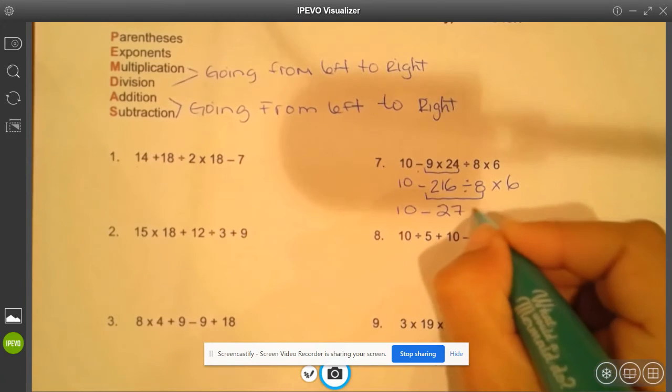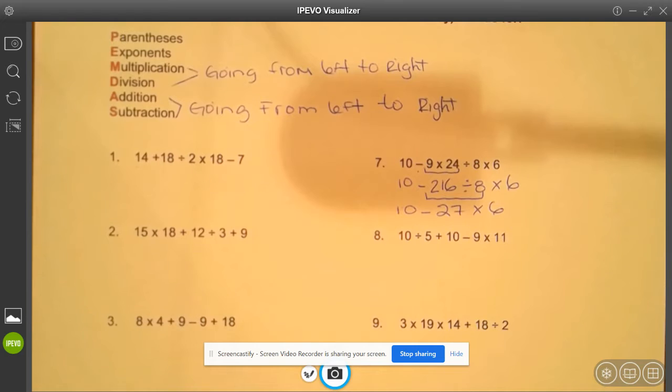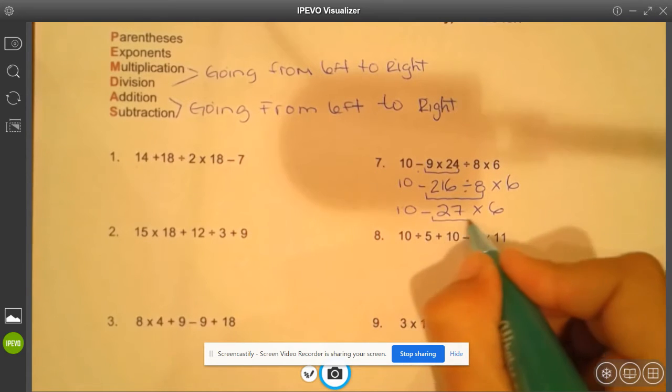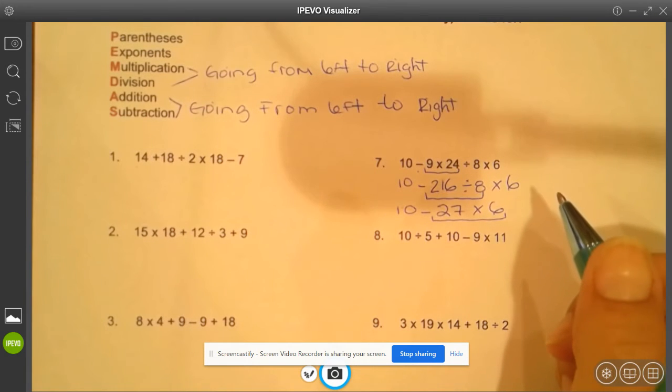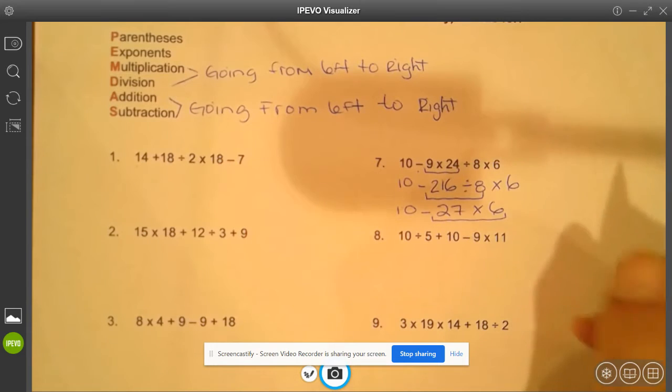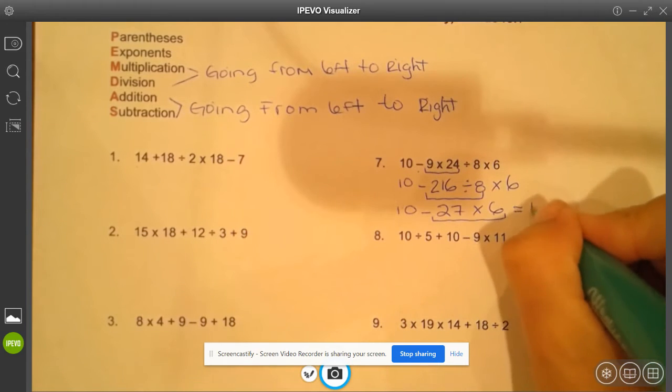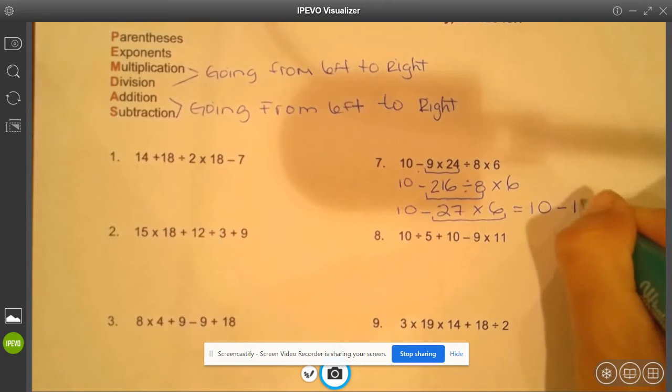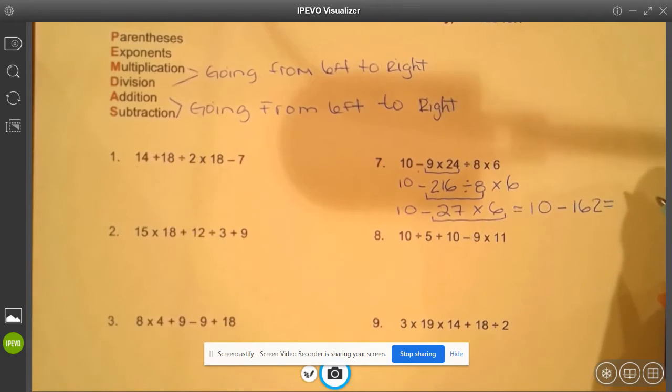So negative 27 times 6. The next thing I got to solve is that, negative 27 times 6, that is negative 162. So then I come out to 10 minus 162, and then that 10 minus 162 is negative 152. And that is my answer.